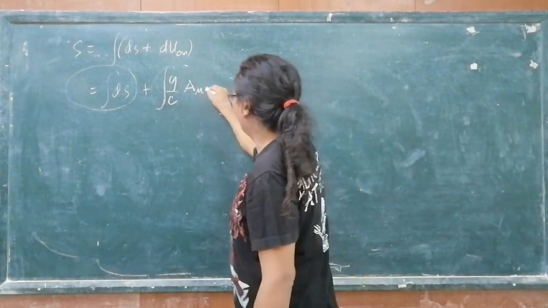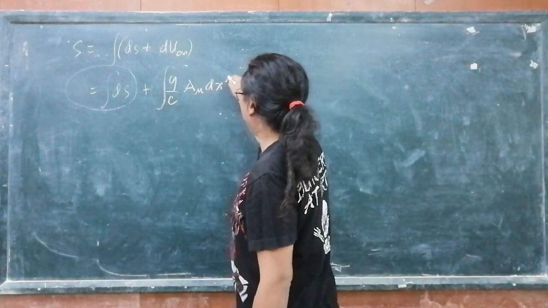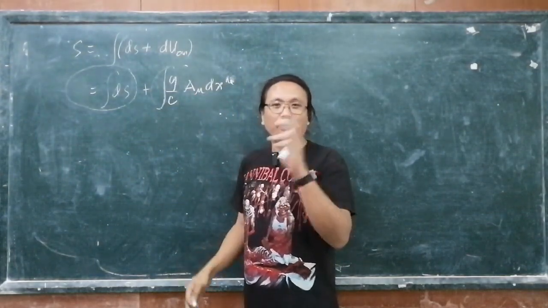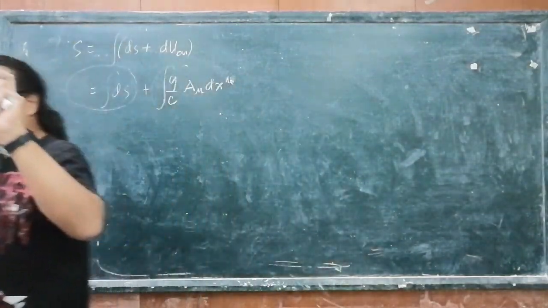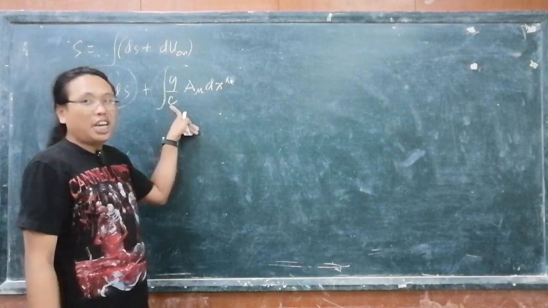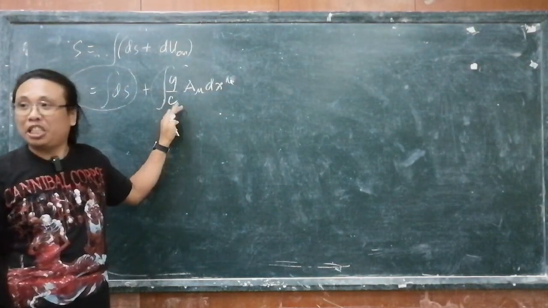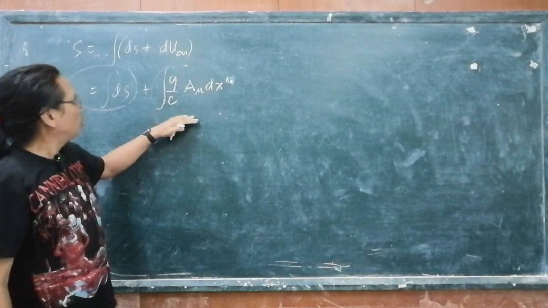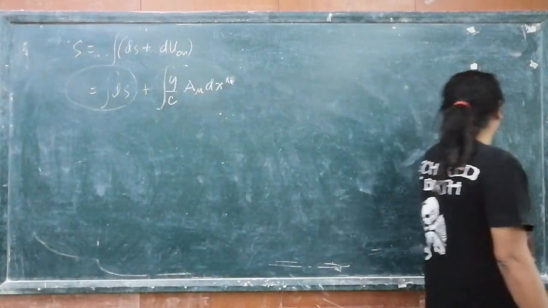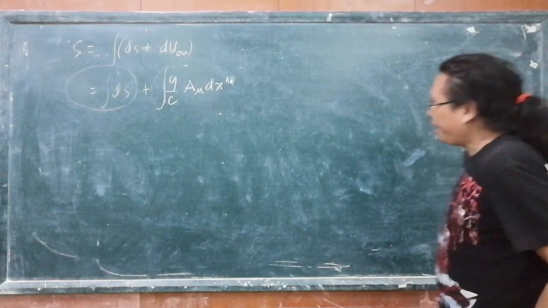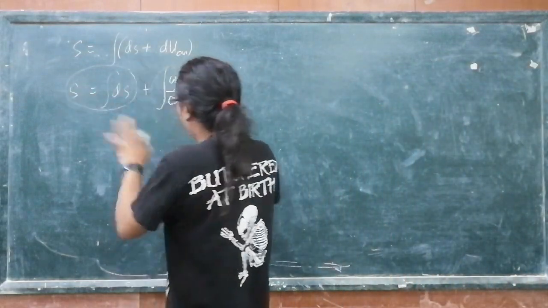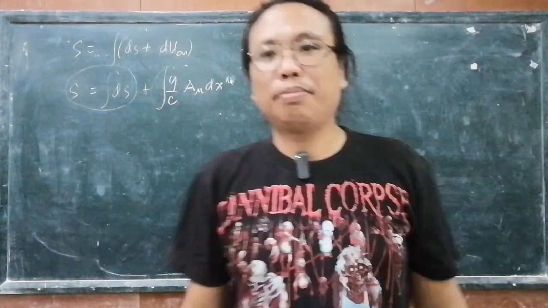Since this is A_0, phi dt is just the integral over x^0. We have a factor of 1/C here because phi is the potential function. So it turns out that this is actually correct.